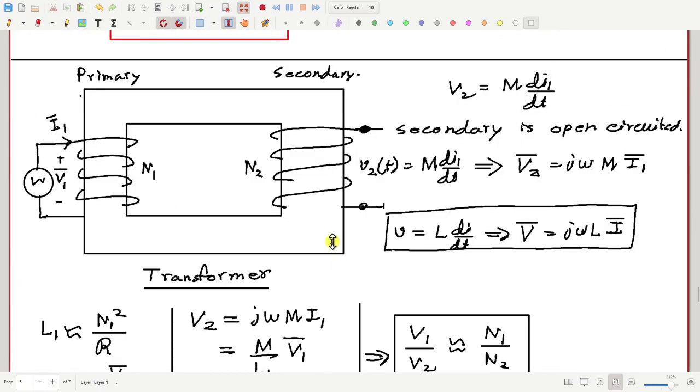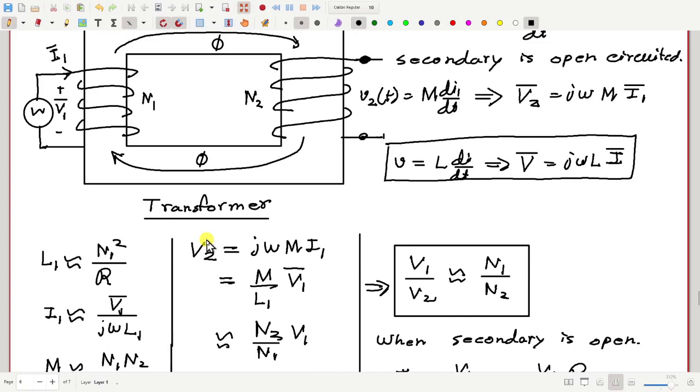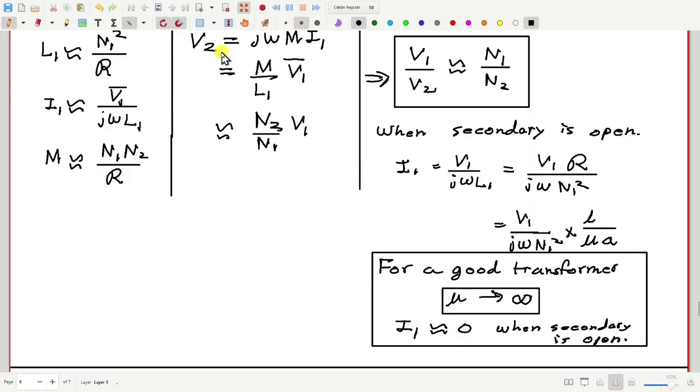So consider the flux here to be phi, and the number of turns of the primary coil is N1. So what is the relation between V1 and phi?